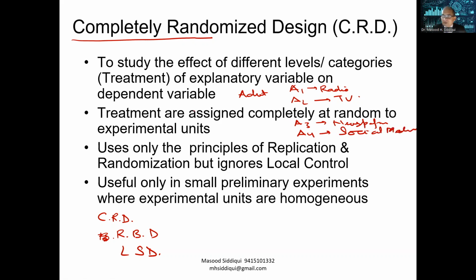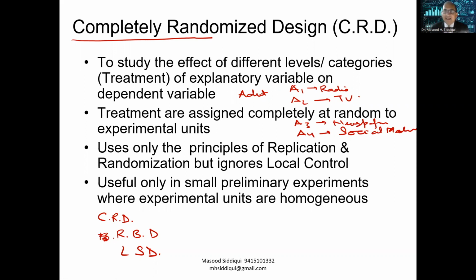They are the different categories of the treatment. We study the effect of these categories of the explanatory variable, advertisement, on the dependent variable, sales. For this purpose, we use the completely randomized design.